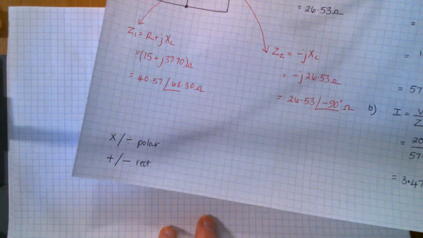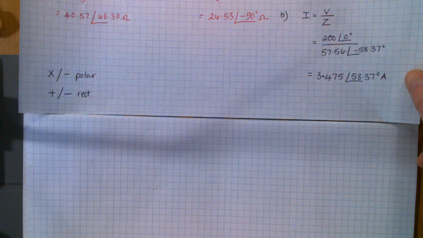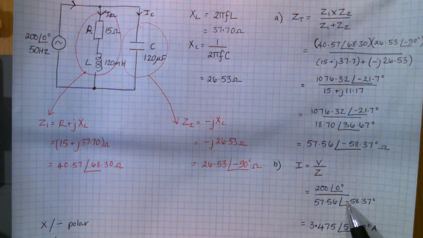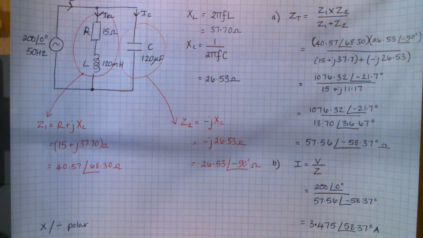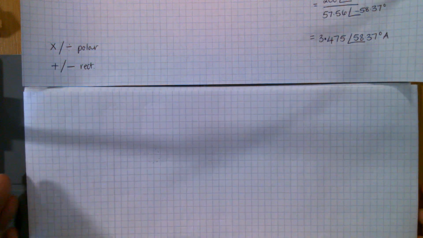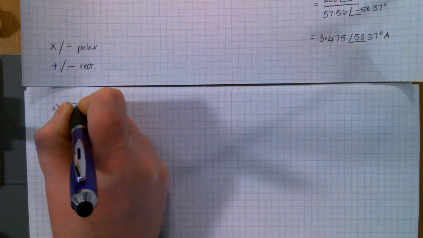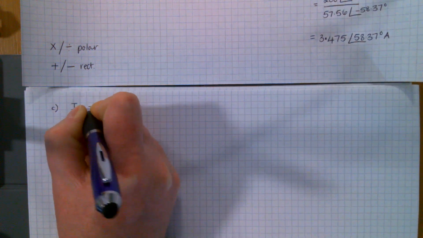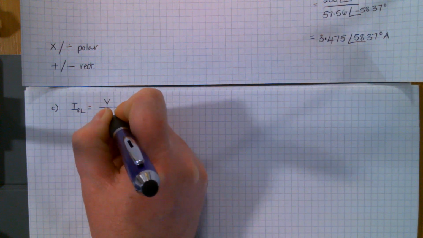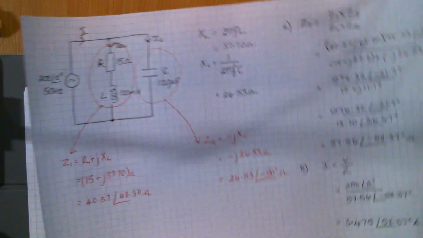So if you were going on to do your IRL, zero minus minus, zero minus, yeah, turns it to positive. That's probably the most common mistake people make with that sign. So for your IRL, it's going to be V over your Z1, because your Z1 is your impedance in that RL branch.